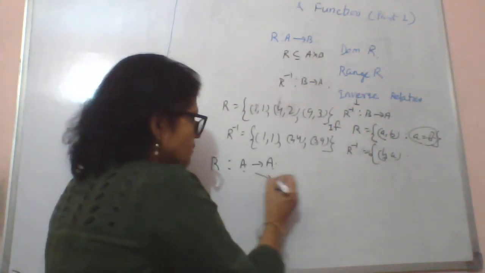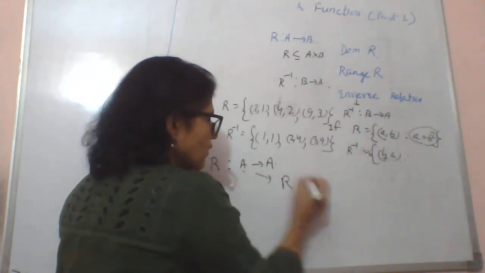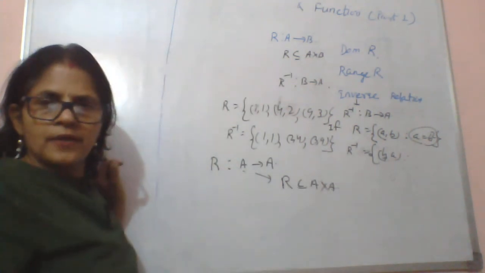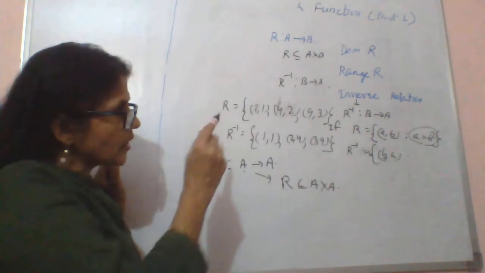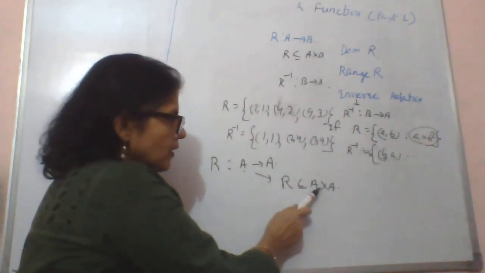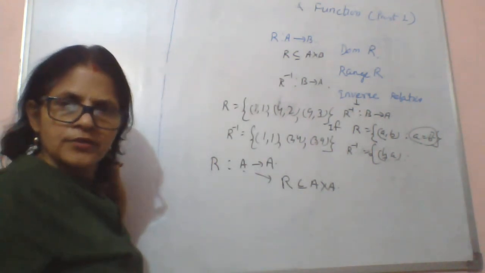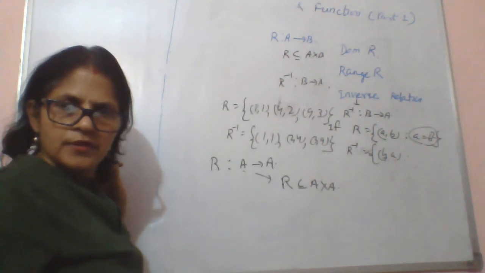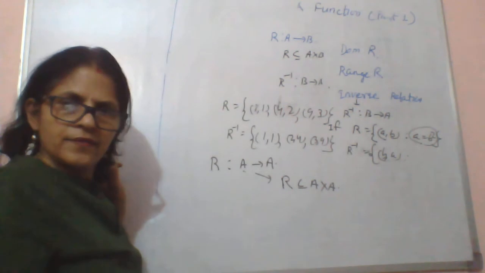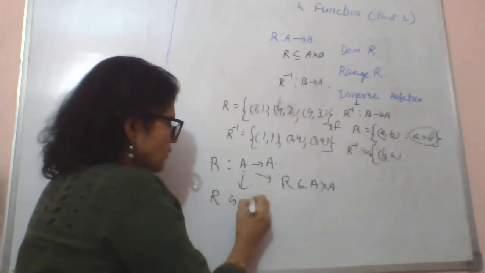R will be a subset of A Cartesian product A. Just like there we write A × B, here it will be A × A. So we still get ordered pairs, but both the components will be from the same set A. Is it clear?